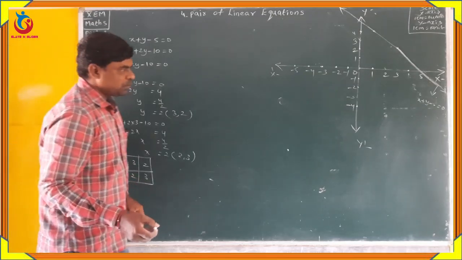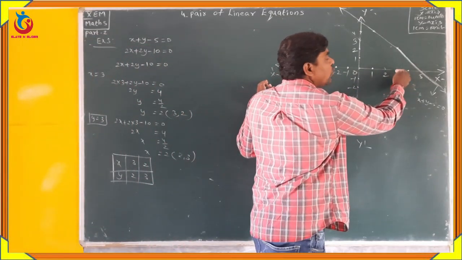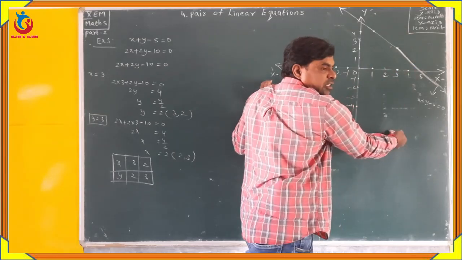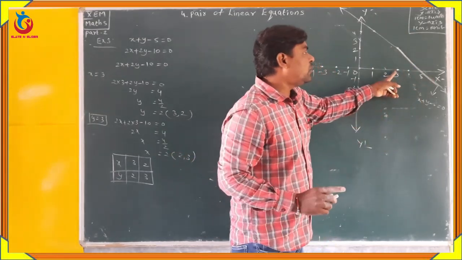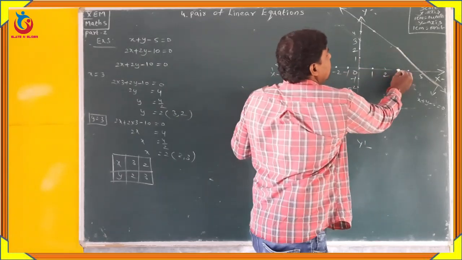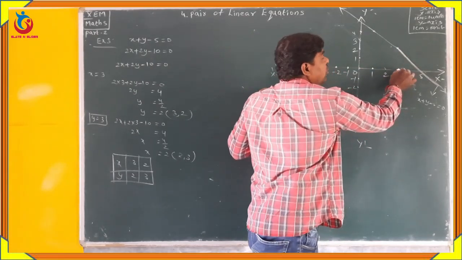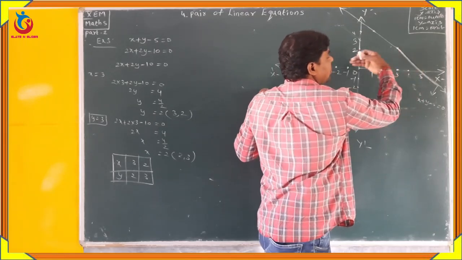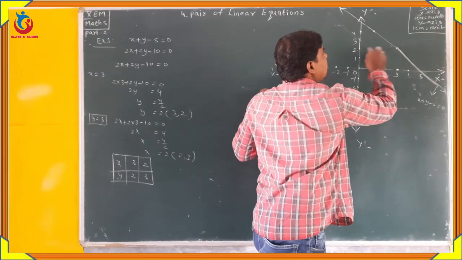So 3 comma 2, where we get on x axis, stand at 3 and move in the upward or downward direction. As the y coordinate is positive, that is why we have to move in the upward direction. So just move here, and when we are moving, you have to look at the y axis. From here we are looking at the y axis, and when we go here, yes, here we got 2.